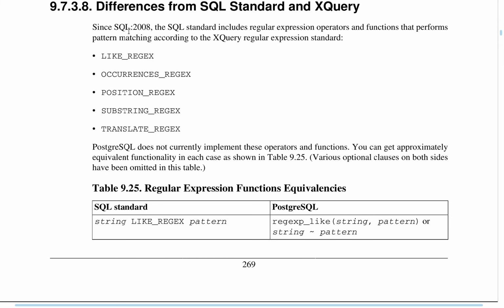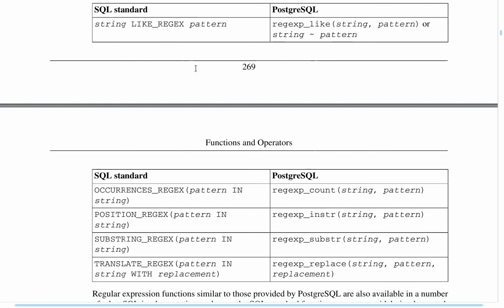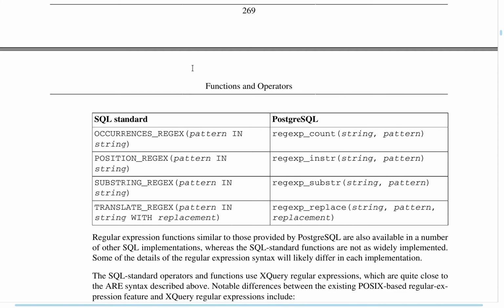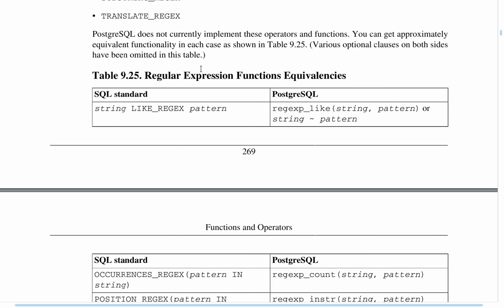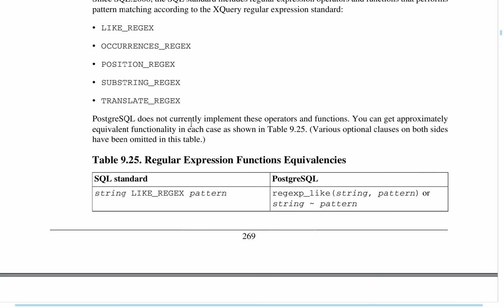Since SQL 2008, the SQL standard includes regular expression operators and functions that perform pattern matching according to the XQuery regular expression standard. I would rather bypass XQuery stuff. It does not implement these.